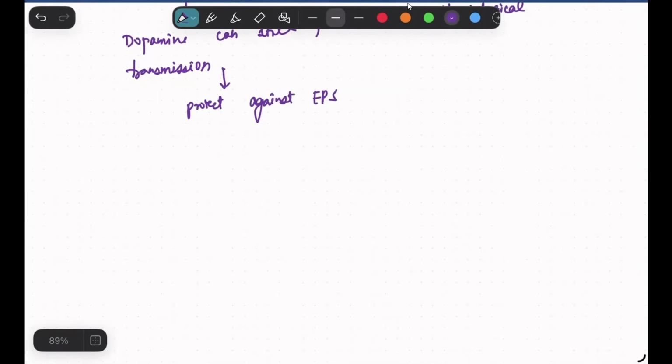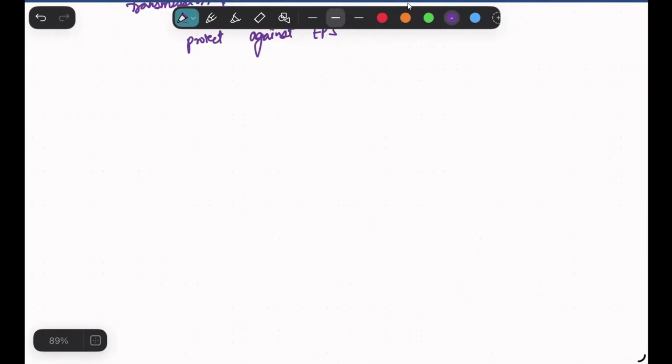Clear? So clozapine has two protective mechanisms against motor side effects. What are these two? The first one is low D2 receptor occupancy, and the second is fast D2 dissociation.